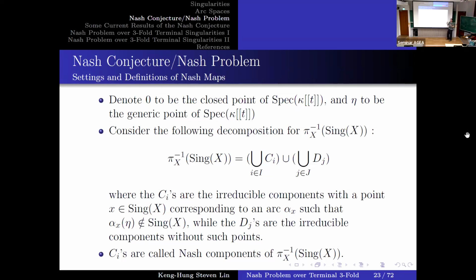Okay, so roughly speaking, you can consider Ci as arcs passing through the singular locus transversally. For Dj, you can think of other kinds of arcs, which could be passing through transversally, or could be fully contained in the singular locus. Okay, so for such a Nash set, we have these two kinds of possibilities.